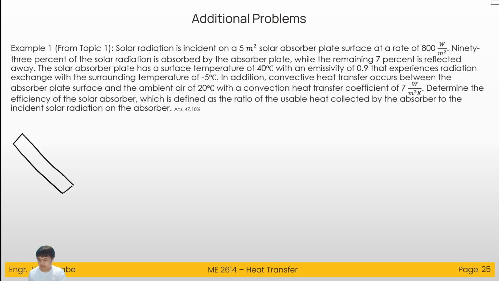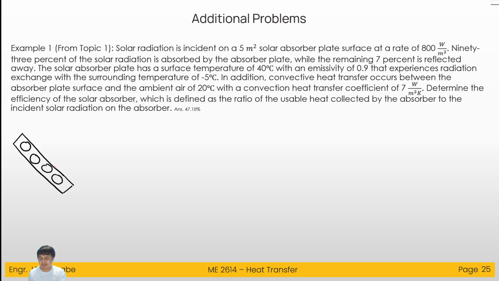It looks like this, and you have water, or any solution, that goes through the cross section of this pipe here. This is a three-dimensional absorber, but I will just show the two-dimensional side view of this solar absorber plate.